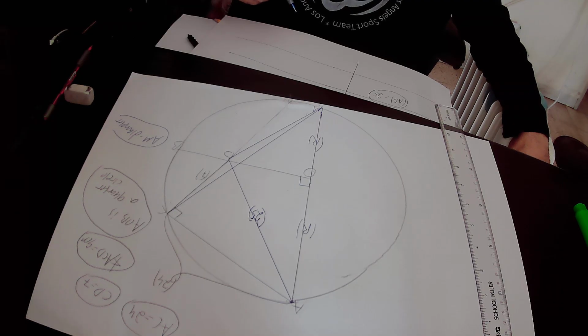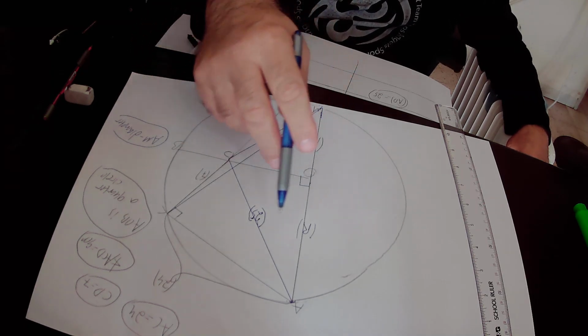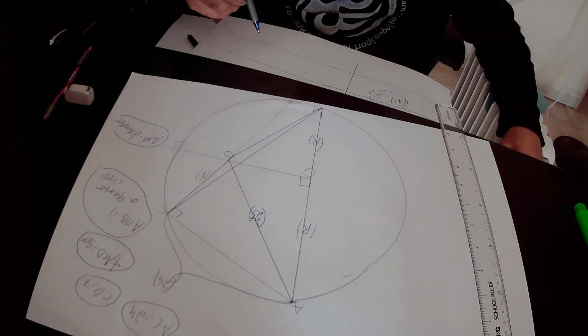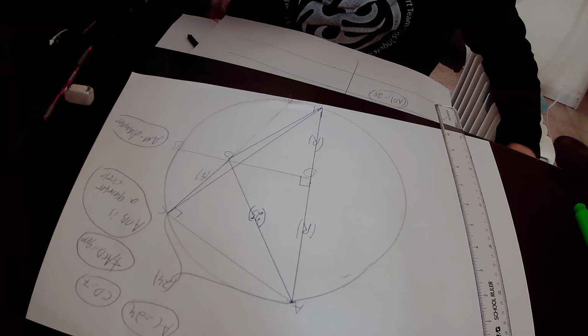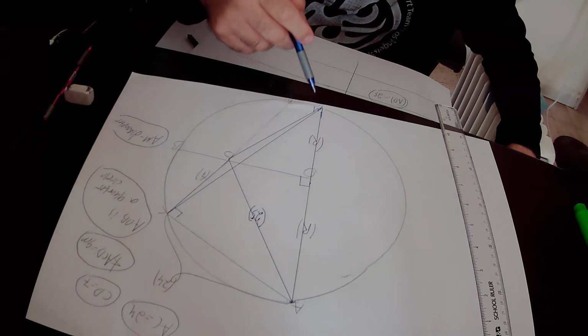So now we'll focus on the right triangle ACM. On this right triangle ACM, AM square must be equal to AC square plus CM square.